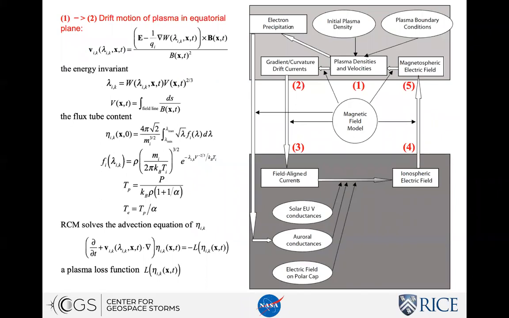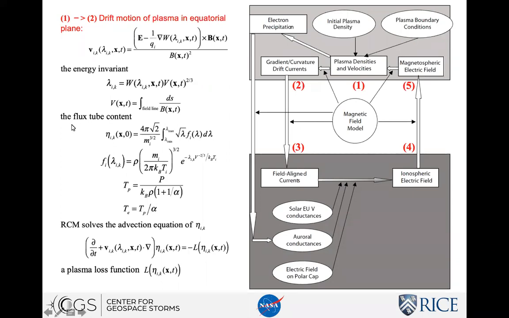Traditionally, RCM has its own MI coupling routine and an electric potential solver. In the coupling to an MHD code, only part of the functionality is used. Mostly it uses its drifting advection.